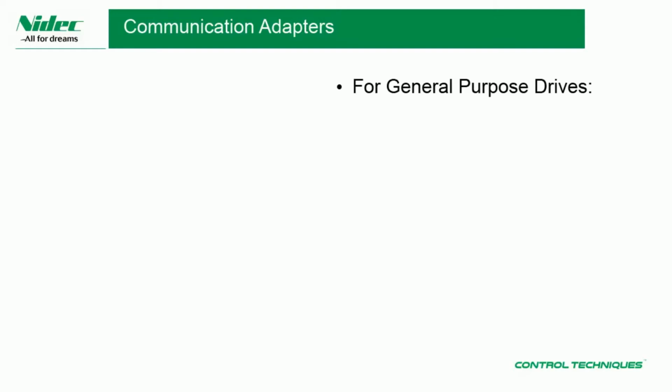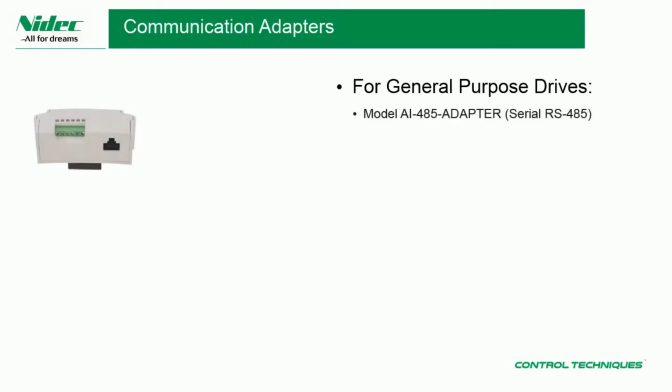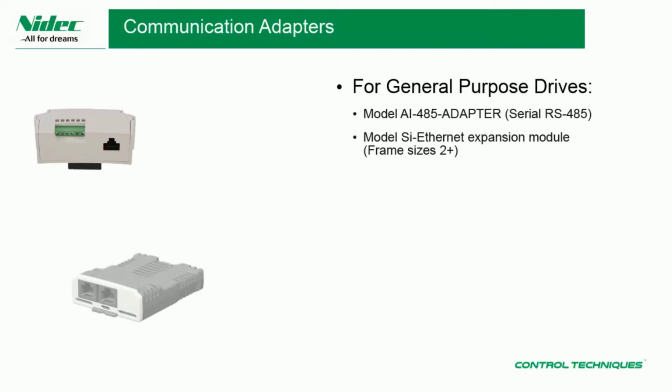For general-purpose drives, you'll require a model number AI-485 adapter to perform serial RS-485 Modbus communications using Modbus RTU. General-purpose drives, frame sizes 2 and larger, have an expansion slot that can accommodate a SI Ethernet module. Adding this module to a general-purpose drive will enable Modbus TCP/IP communication.